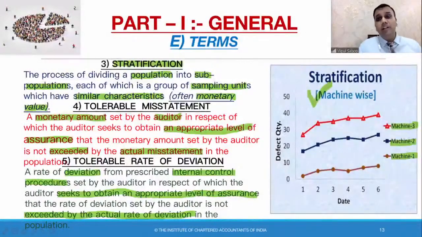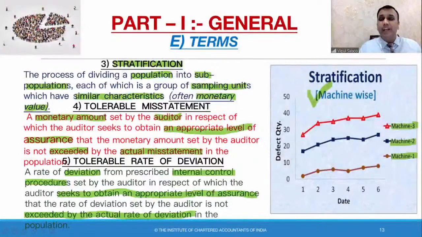I've set a tolerable level of 3 absences during important events happening at the factory gate. The important event could be entry of different persons, delivery of goods, major goods. So I go through the attendance register, that is an internal control, and I check that the security guard was on leave for 5 days and there was no alternative security guard posted at the factory gate, beyond my tolerable rate of deviation.